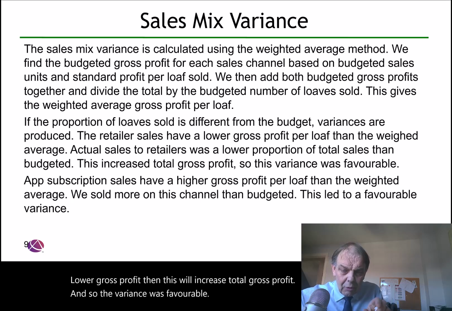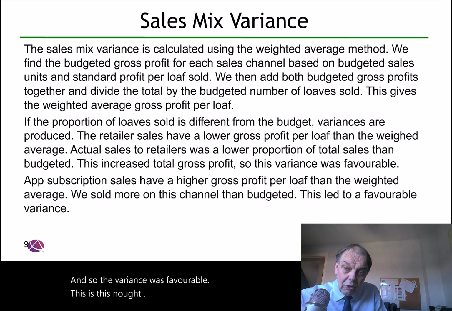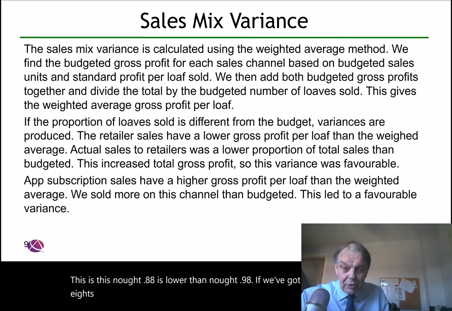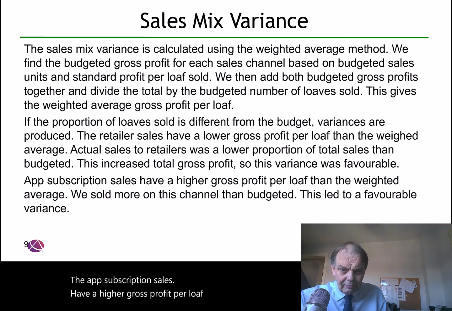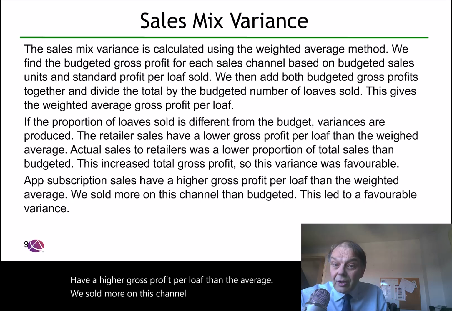This 0.88 is lower than 0.98. If we've got less 0.88s, it pushes up the gross profit. The app subscription sales have a higher gross profit per loaf than the average. We sold more on this channel than budgeted, so this led to a favourable variance as well.